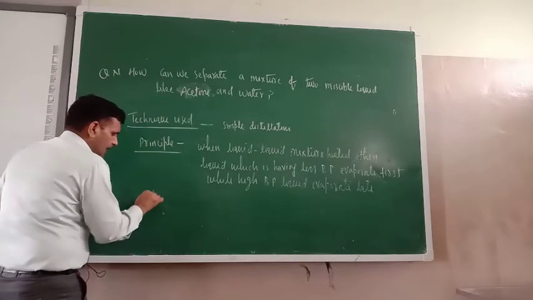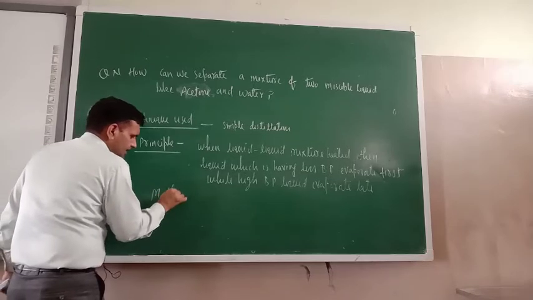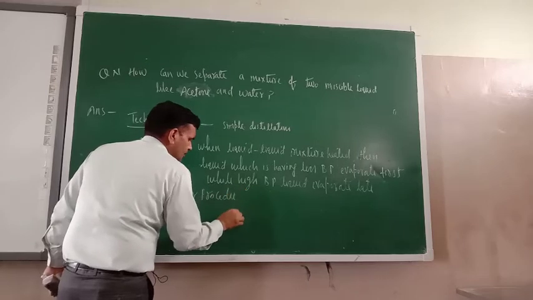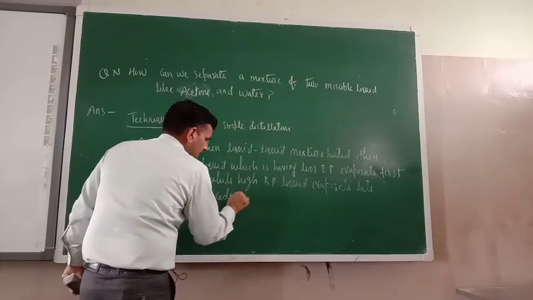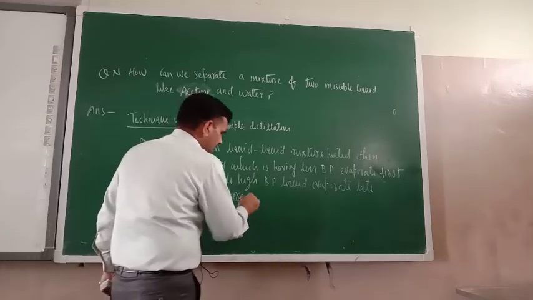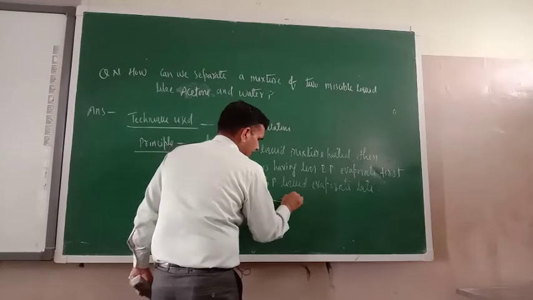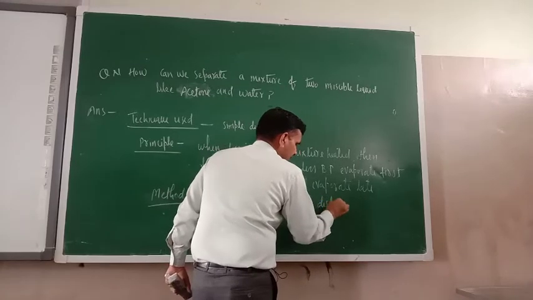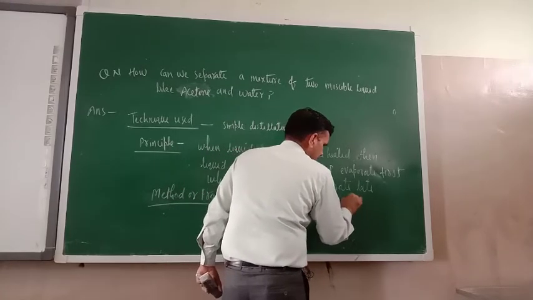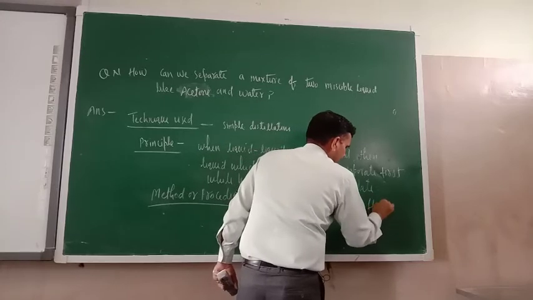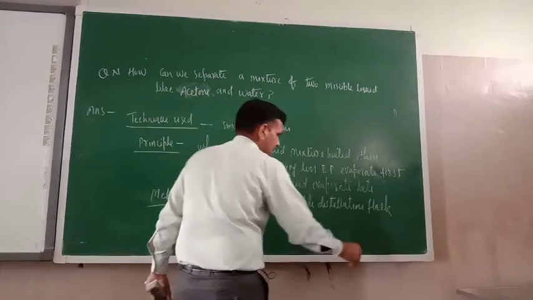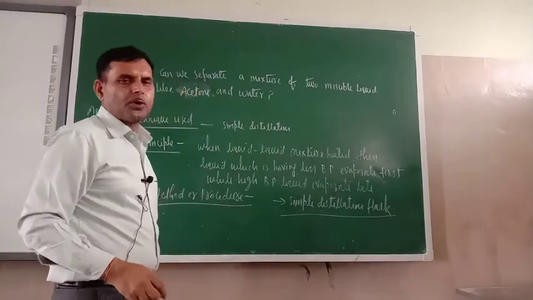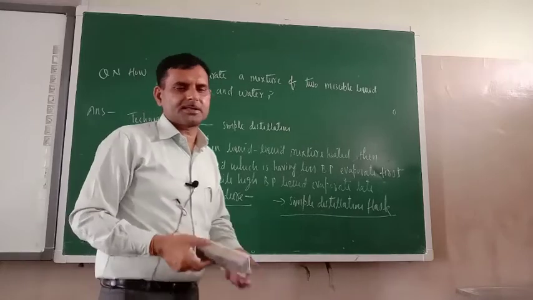Now what is the method or procedure? Method or procedure. So as you know, simple distillation is carried out in a simple distillation flask. Simple distillation flask means this method and procedure I am going to show you with the help of extra marks.